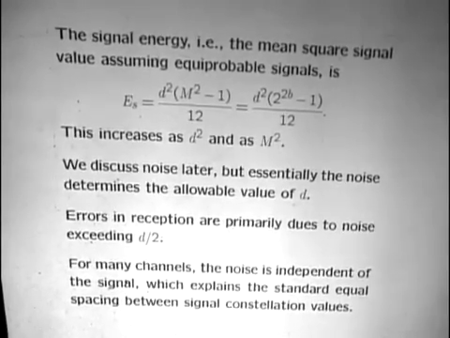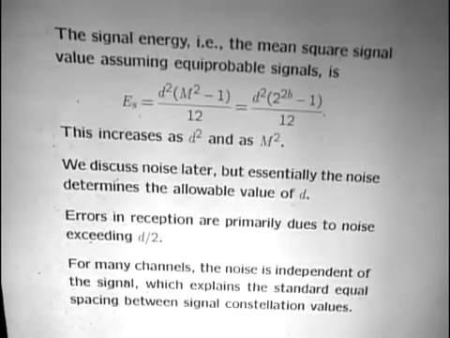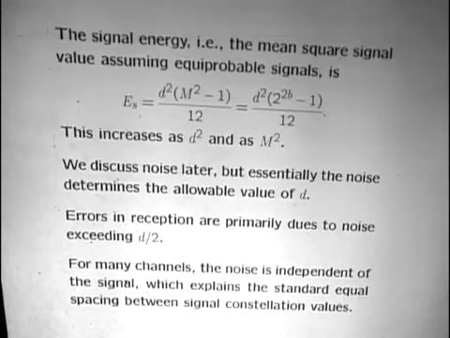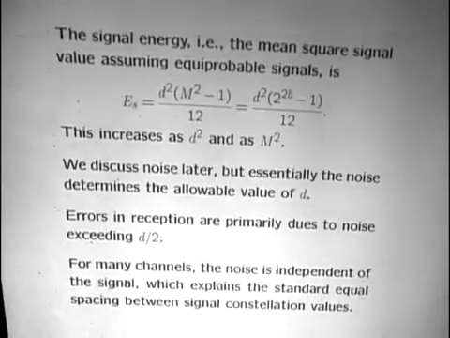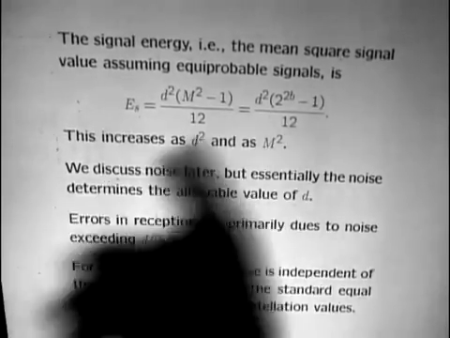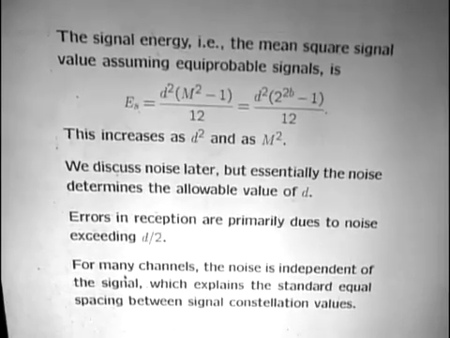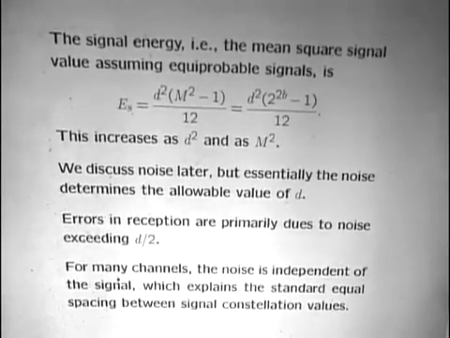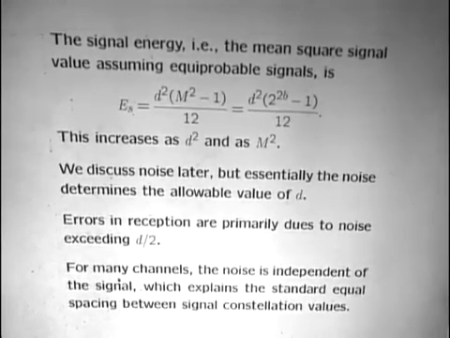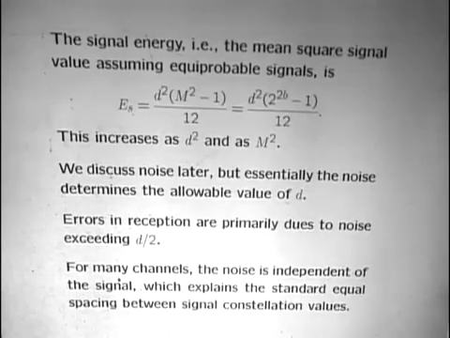There's a problem at the end of lectures 11 and 12, which guides you by the hand in how to calculate this. Or you can sit down and just calculate it by hand. It's not hard to do. But anyway, that's the mean square value of these signals if you assume that they're equiprobable.